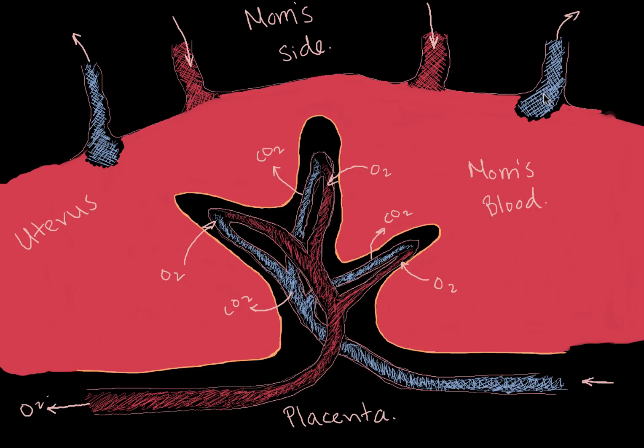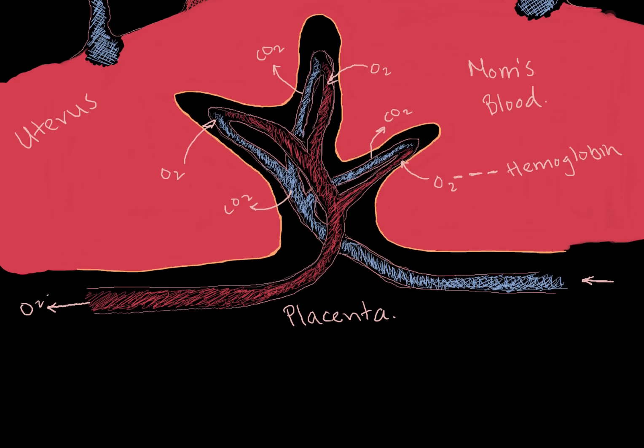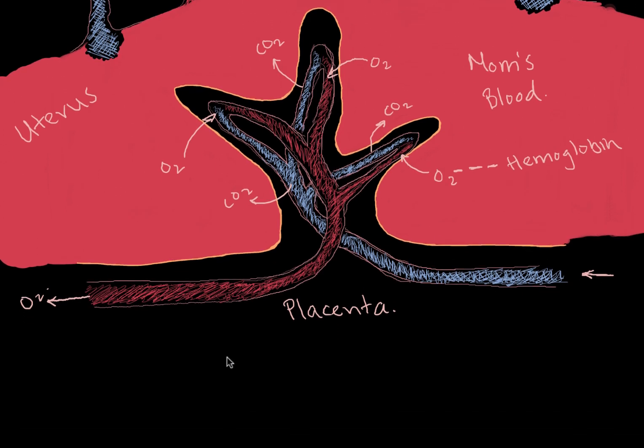So if you remember from the gas exchange video, we talked about a special protein called hemoglobin. And hemoglobin was what carried oxygen and sometimes carbon dioxide throughout the body. And so you can think of this as being an interesting interaction, because hemoglobin won't take oxygen from other hemoglobins. And so what the body does instead is it creates a special protein.